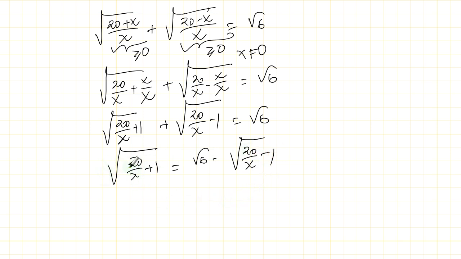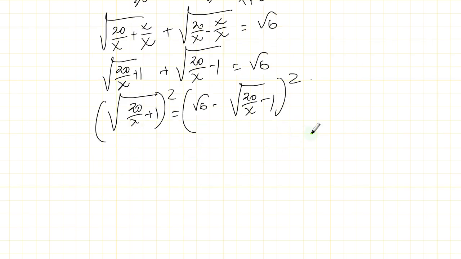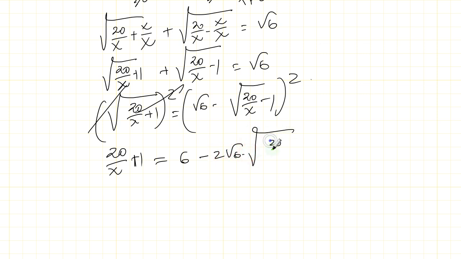So I'm going to square both sides of the equation. We're going to have this squared and this one squared as well. We have then 20 over x plus 1, equal to 6 minus 2 times the square root of 6 times the square root of 20 over x minus 1, and then plus 20 over x minus 1.